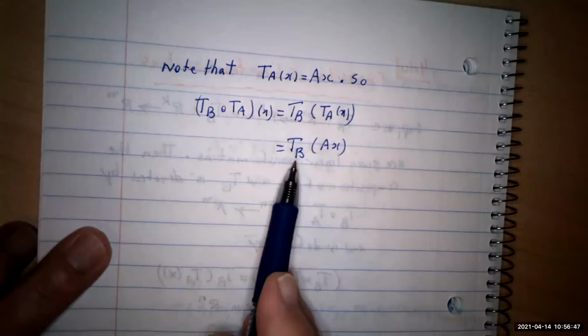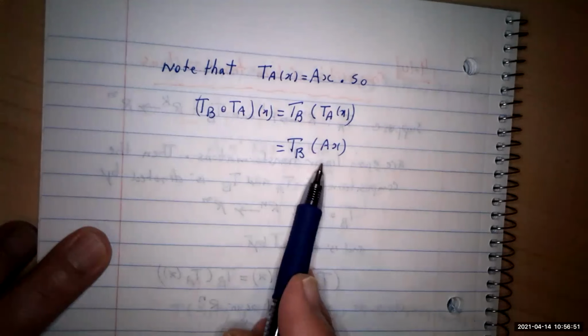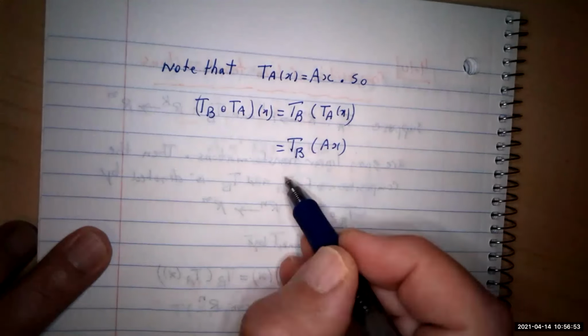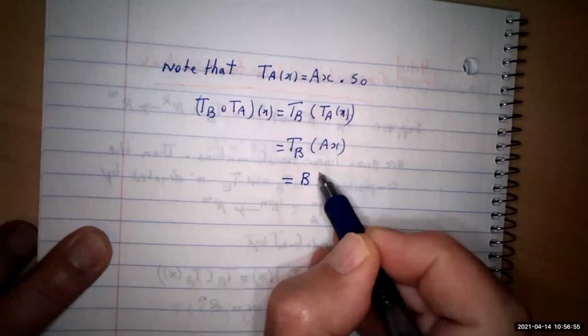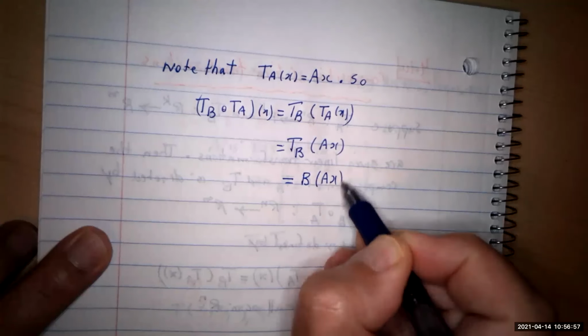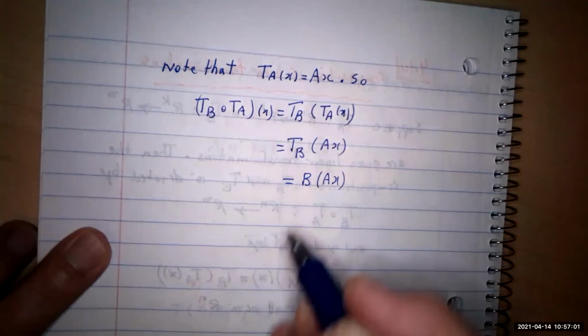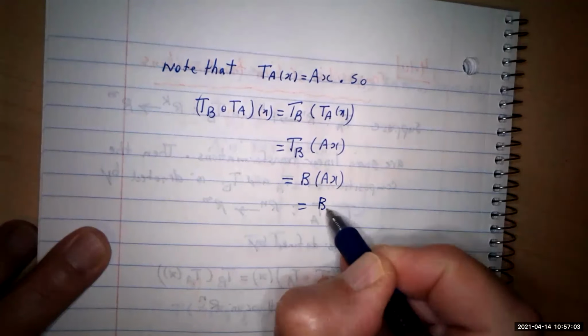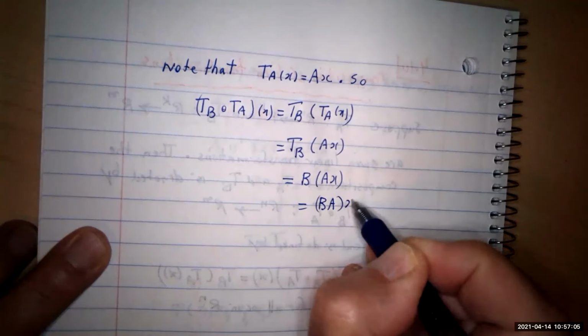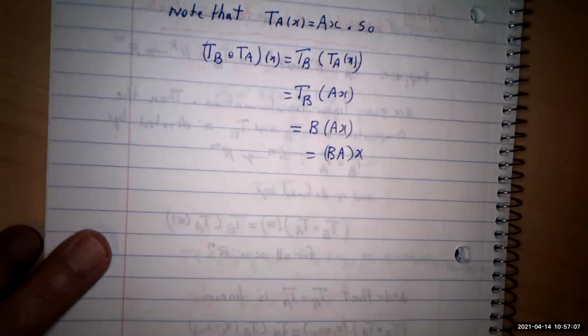But how about the definition of T_B? Remember, the definition of T_B is B times the vector, which is A times X. And we can write it as BA times X. So we get something that we expected.